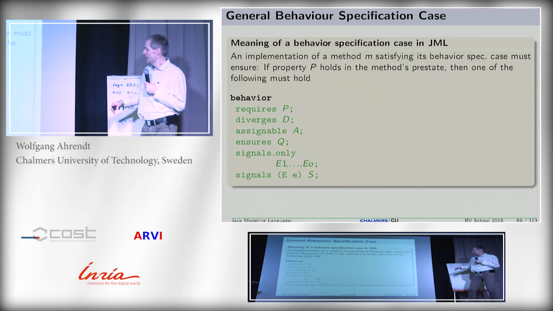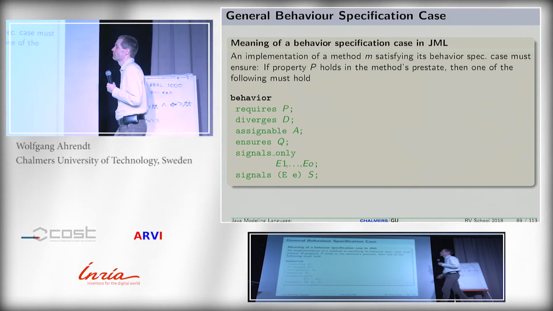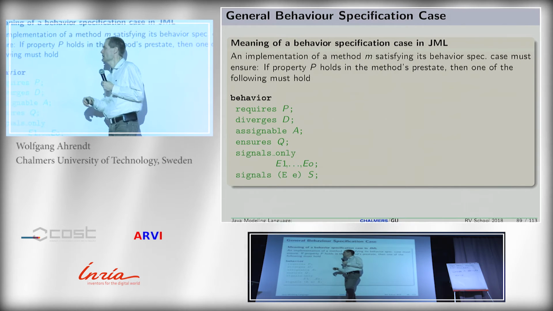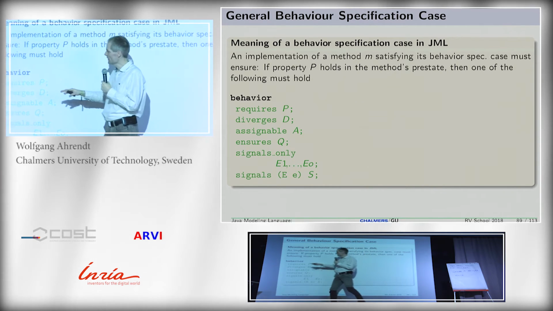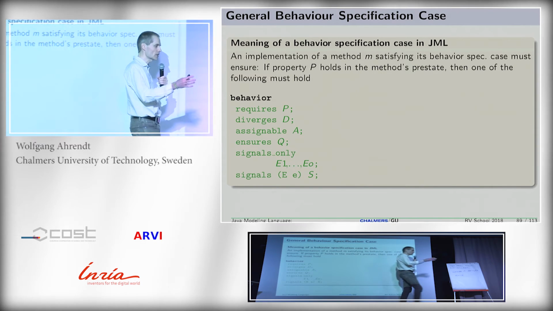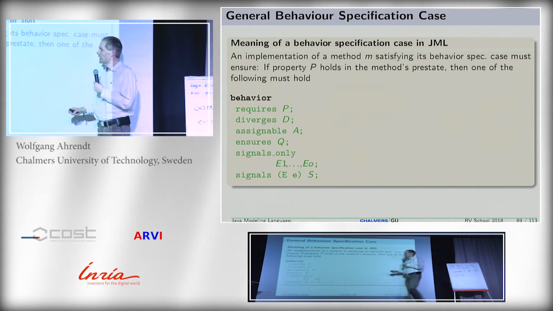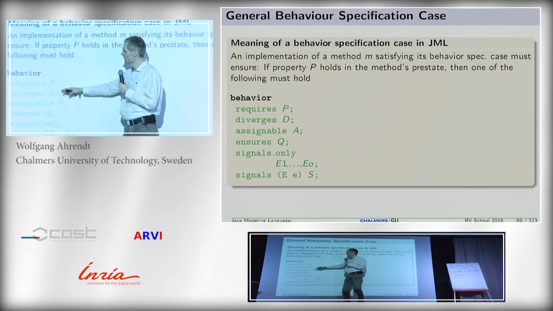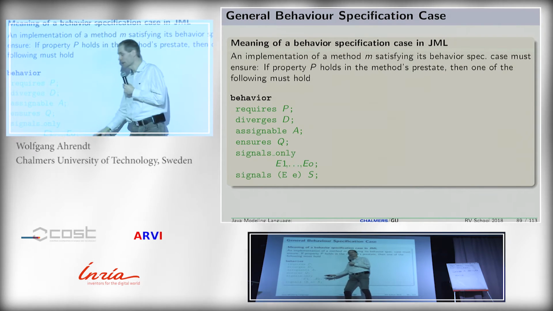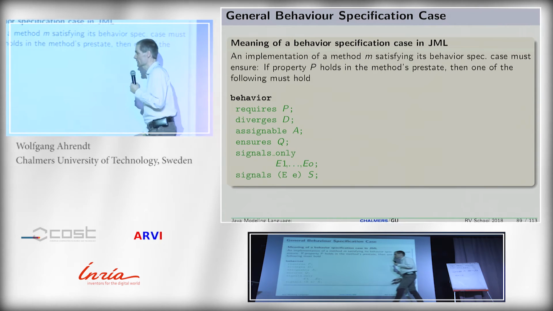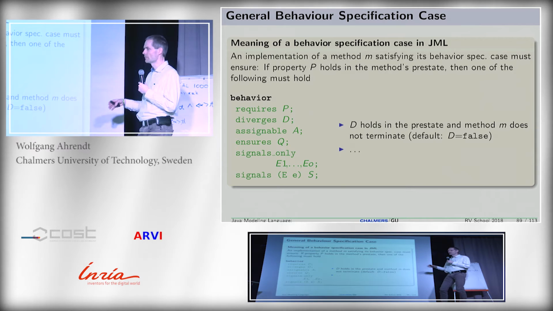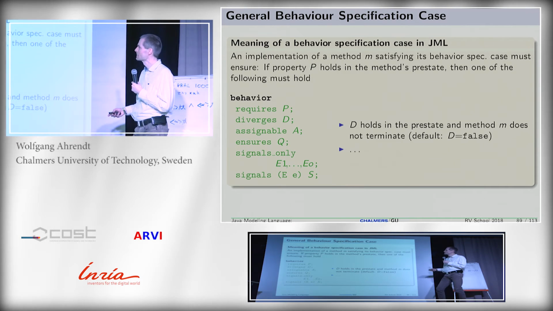Good. So the general, you saw exceptional and normal specification case, but the general case is a generalization from that. It's just behavior, not normal, not exceptional, just behavior. Has requires, diverges clause, assignable, ensures, signals only, and signals, and some more, which I don't discuss in this lecture. And here's then the semi-precise meaning.